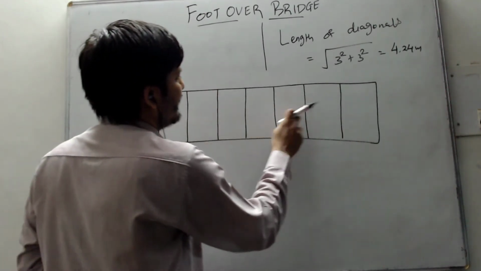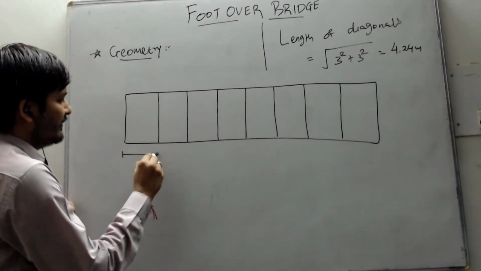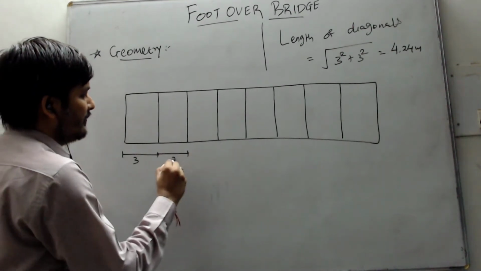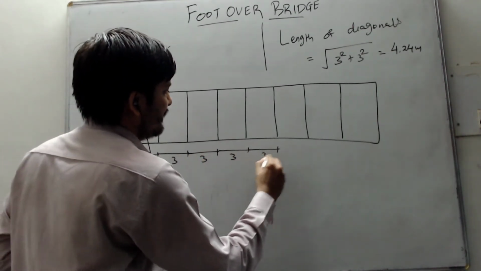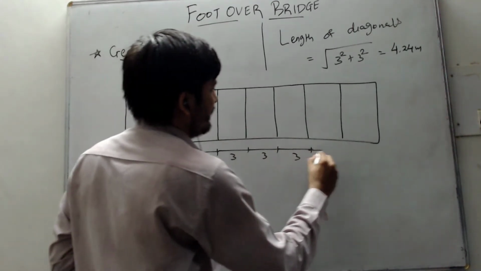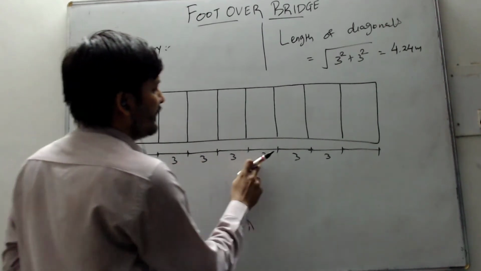Eight parts of 3 meter each, so the dimensions are 3 meter each for all.